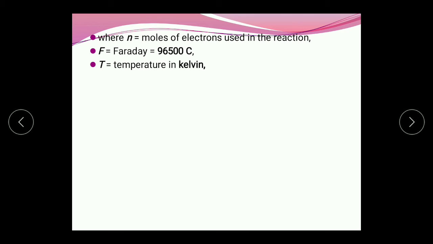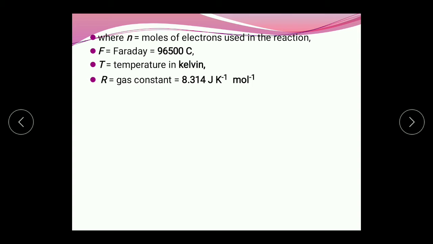What is T? T is temperature, capital T. The temperature should be taken in Kelvin. What is Kelvin then? We have to add 273 to the given temperature in degrees Celsius. Suppose it is 25 degrees Celsius, then it will be 25 plus 273, which becomes 298 Kelvin.